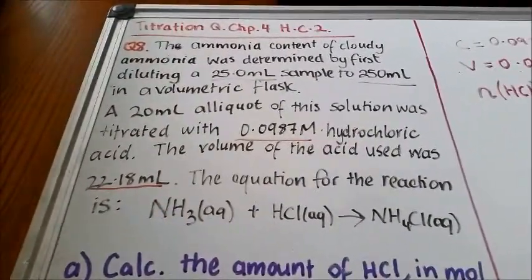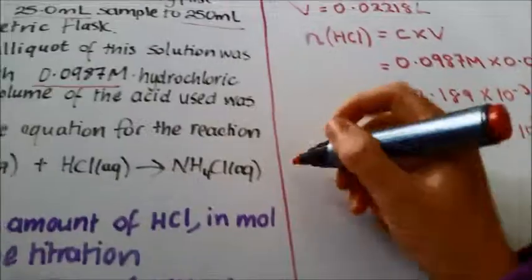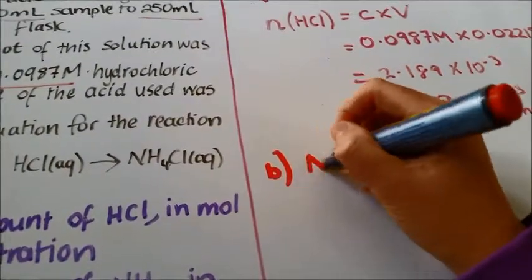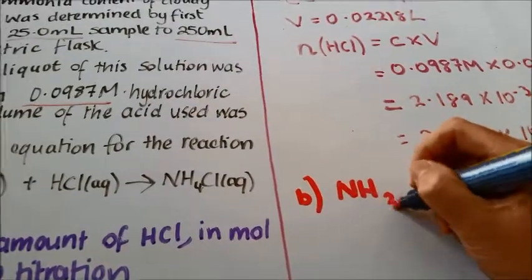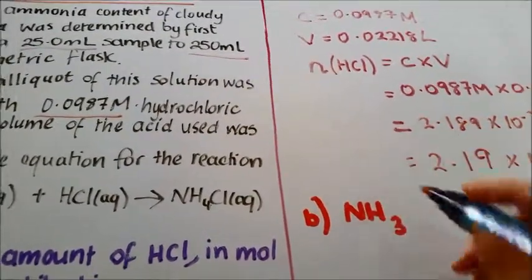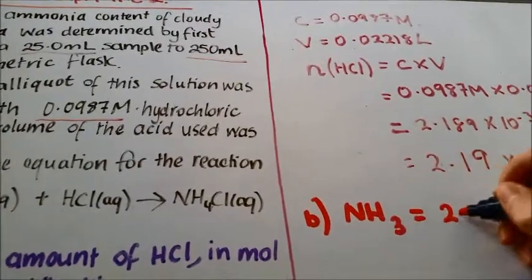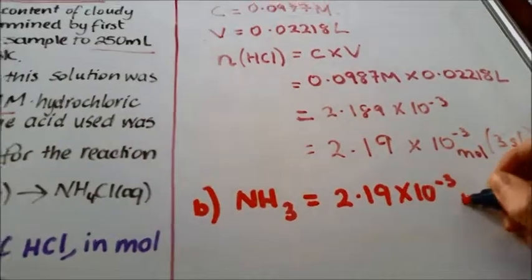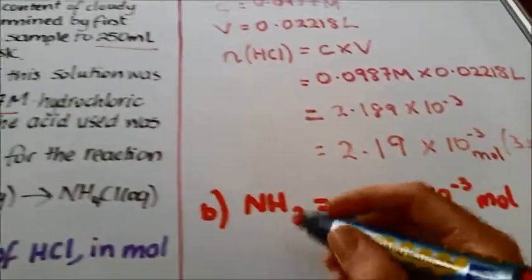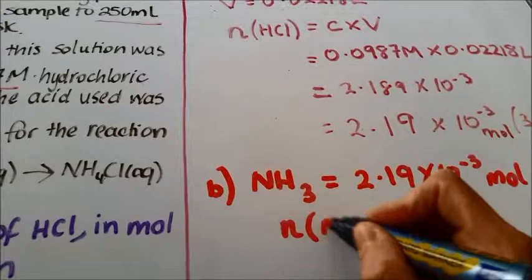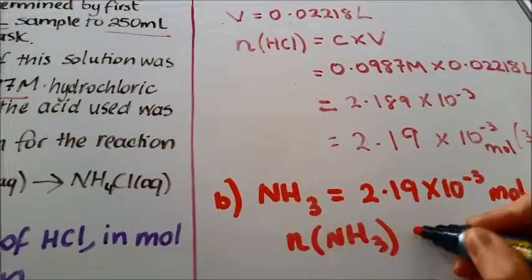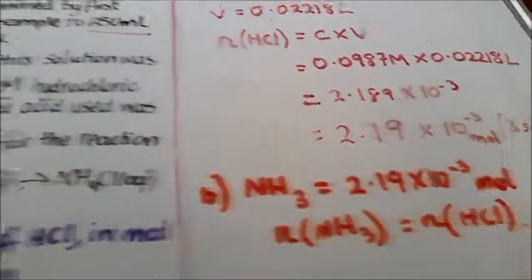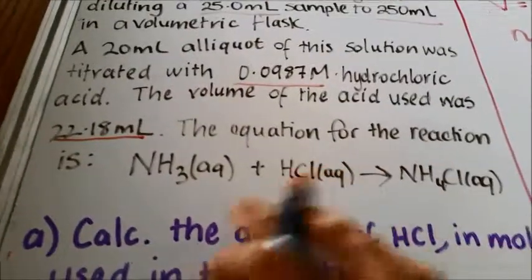So let's write B here so we don't get confused. We've got NH3 equals 2.19 times 10 to the negative 3 mole. And the reason for this is because our amount of mole of NH3 is equal to our amount of mole of HCl as established by this equation here.